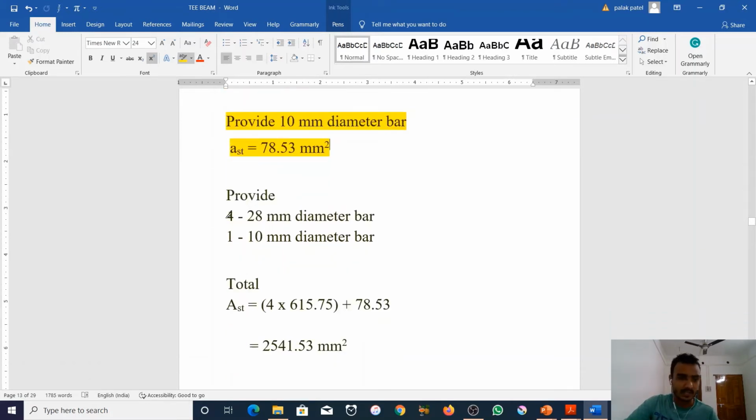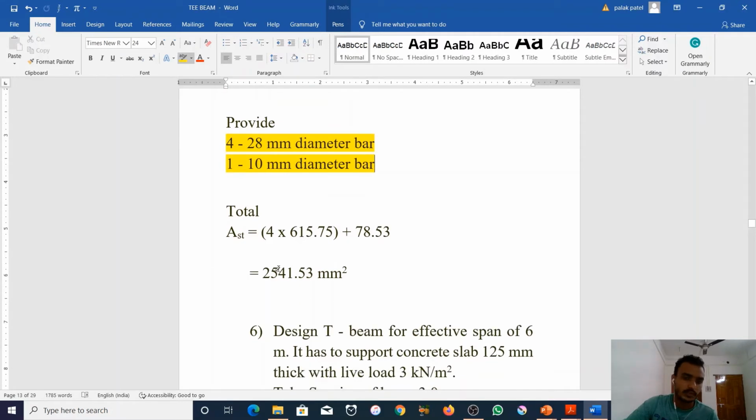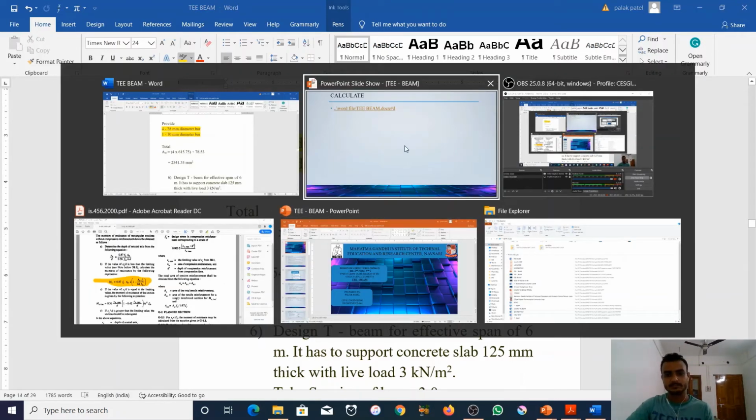So the provided reinforcement is 4 bars of 28 mm diameter and 1 bar of 10 mm diameter. The total Ast is 2541.53 mm square. These are the provided. Our design is complete.